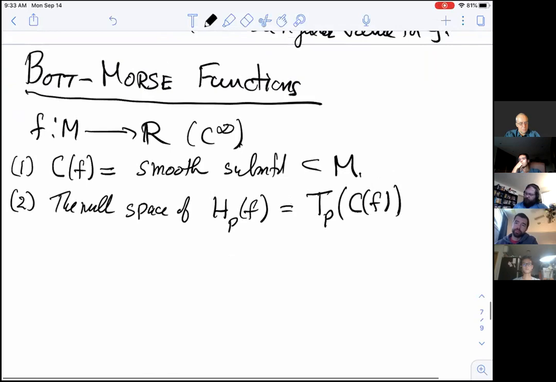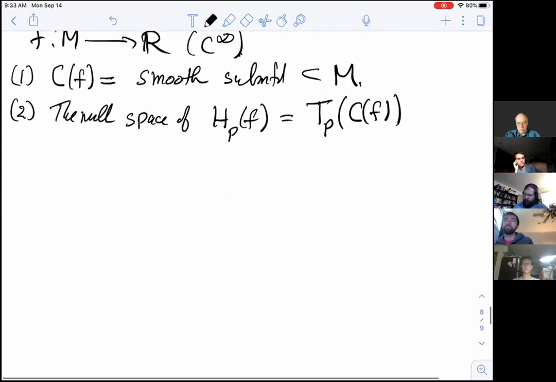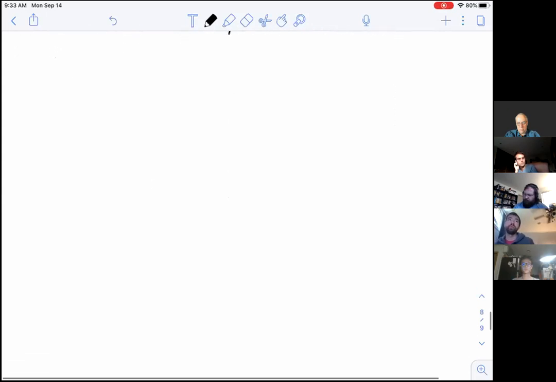Okay, I don't think I'll say anything more. We will see Bott Morse functions when we start proving Bott periodicity. The natural way to work there is there's a symmetry group, and the natural functions are Bott Morse functions, and we can actually use those. That's the typical proof of Bott periodicity.